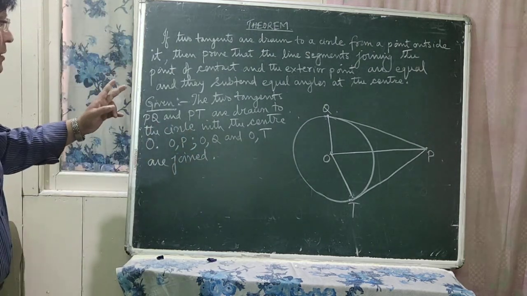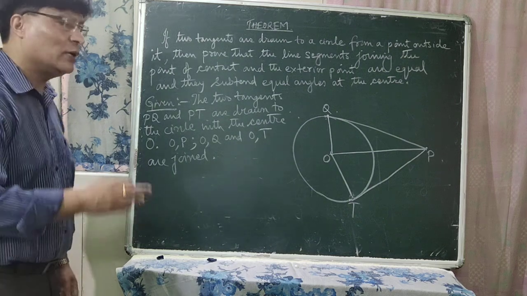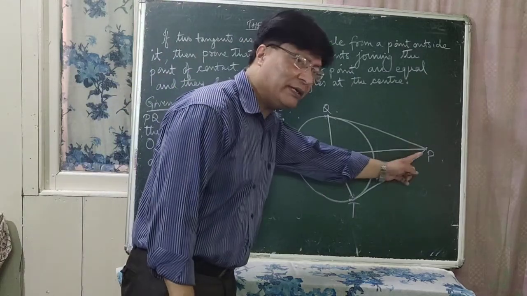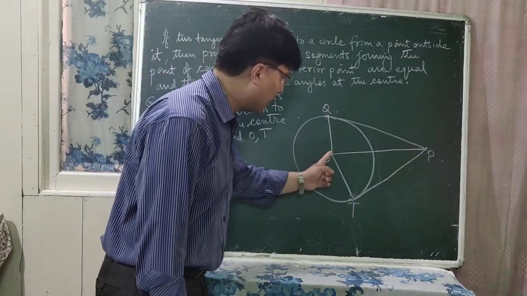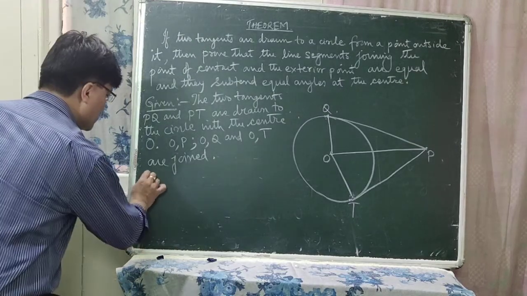So this is the given part. The two tangents PQ and PT are drawn to the circle with the center O. Then we have joined OP, OQ and OT. Is that clear? So now what is to be proved?